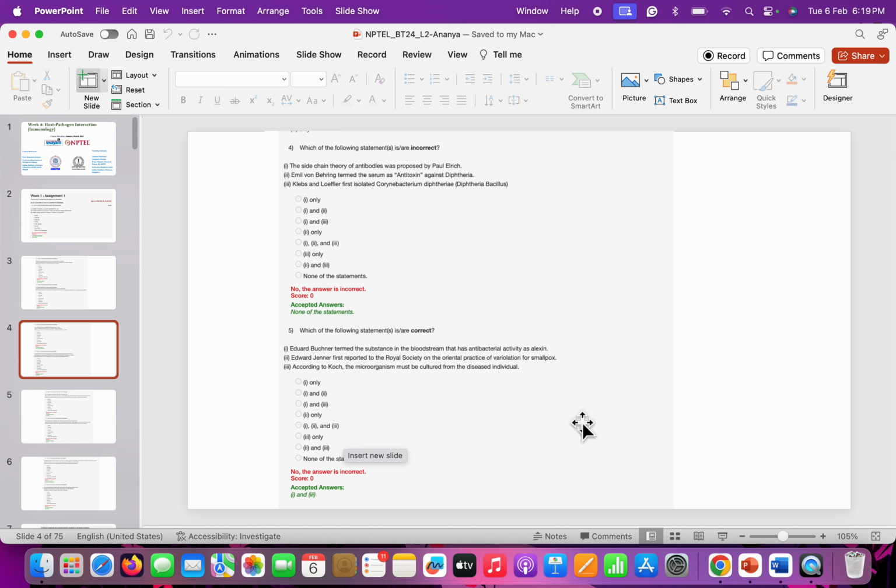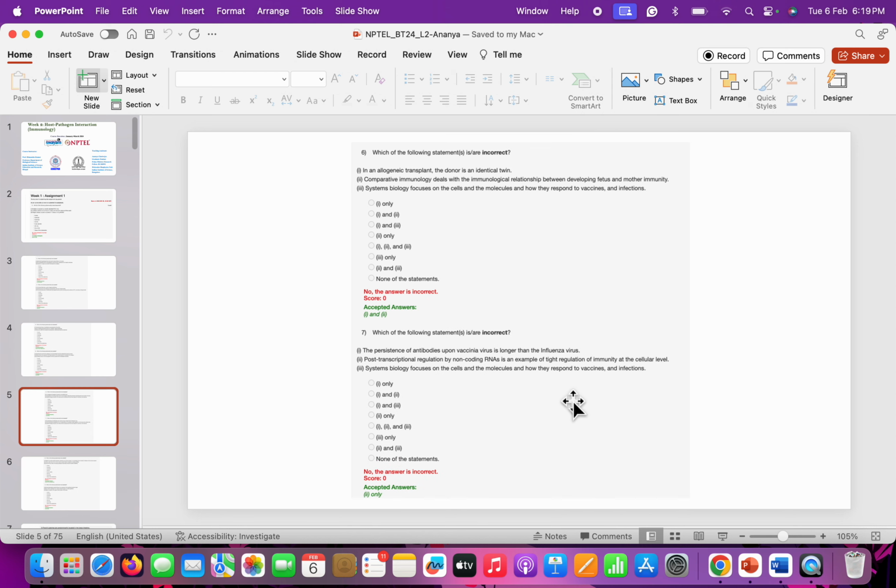You can see that from week 1, specifically from this list and table, they have asked questions. So you need to know who discovered what. Edward Buchner termed the substance in the bloodstream that has antibacterial activity as alexin. Edward Jenner first reported to the Royal Society on the oriental practice of variolation of smallpox. According to Koch, the microorganism must be cultured from the diseased individual. So this is true, and the first option is true.